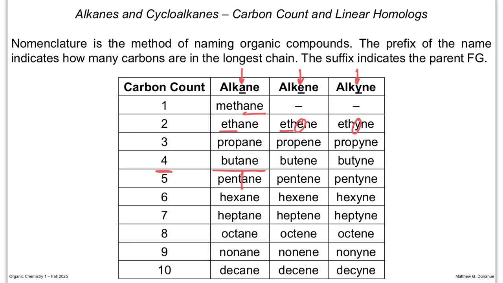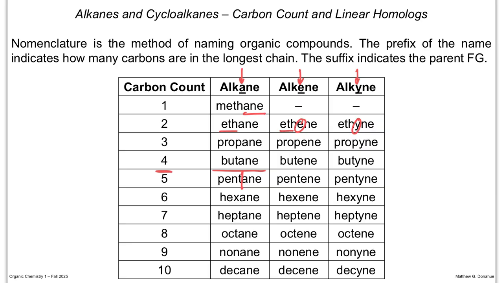So the first rule of nomenclature really is what is the parent carbon chain? How long is the longest linear chain in a molecule? So you do a carbon count, and then you're going to come up with one of these parent names. And then from that chain, you have stuff hanging off it. Those are called substituents.